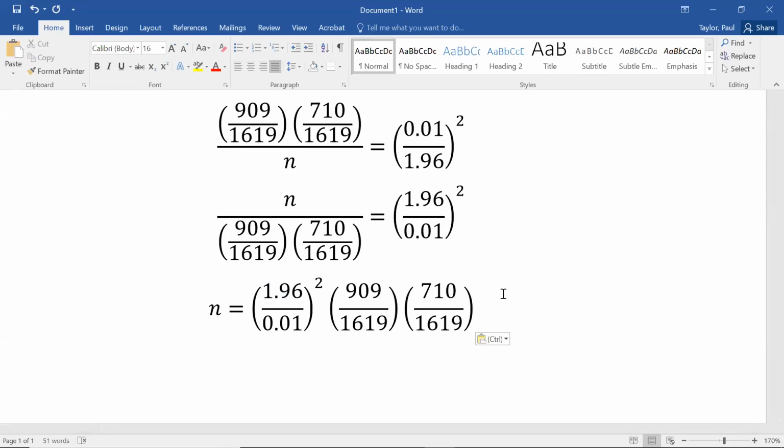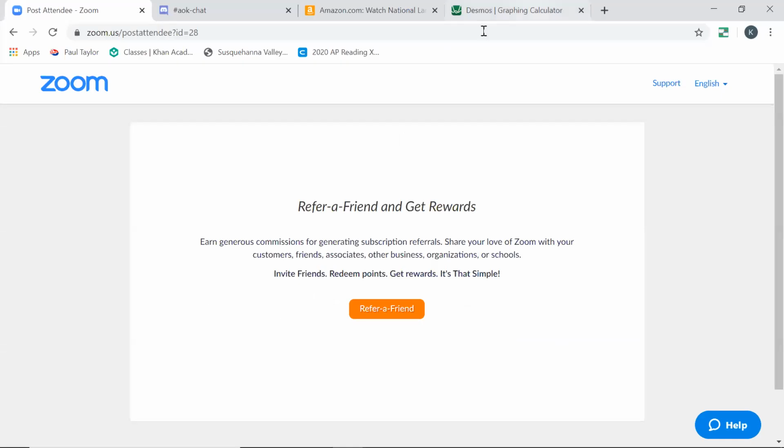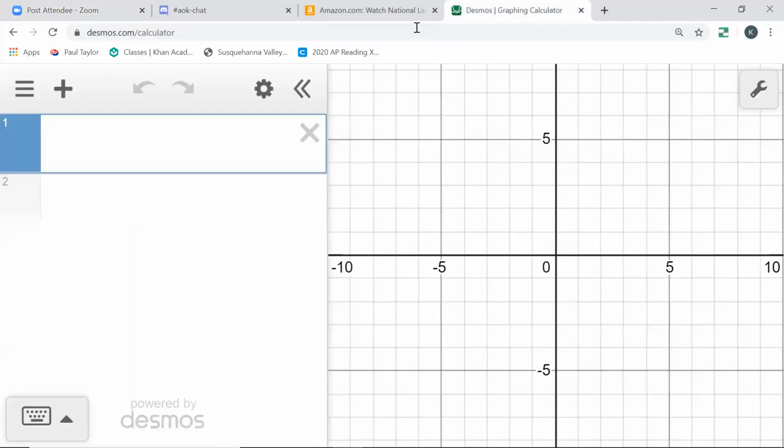I need some kind of calculator here. Why don't I bring up Desmos? Do I have Desmos available? Okay, so what did we have?